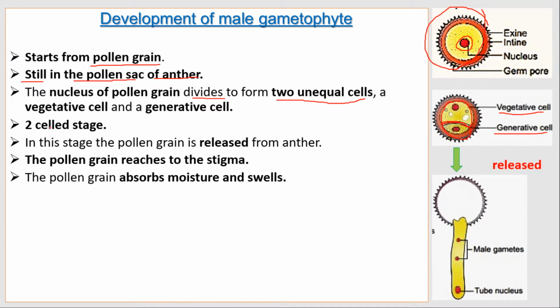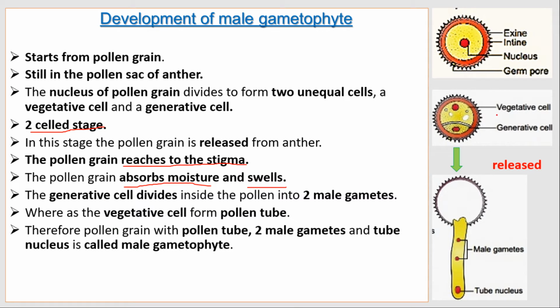In this 2-celled stage, the pollen grain is released from the anther. This pollen grain in this 2-cell stage reaches the stigma. On the stigma it absorbs moisture and swells. Now the generative cell will divide and form 2 male gametes.